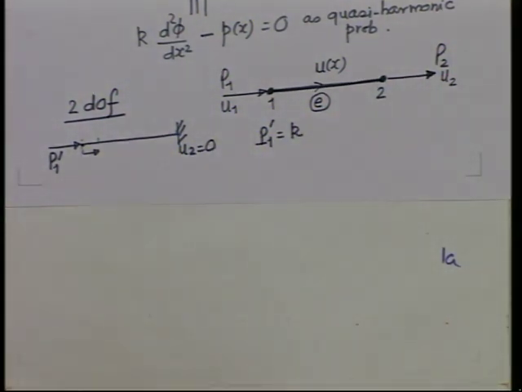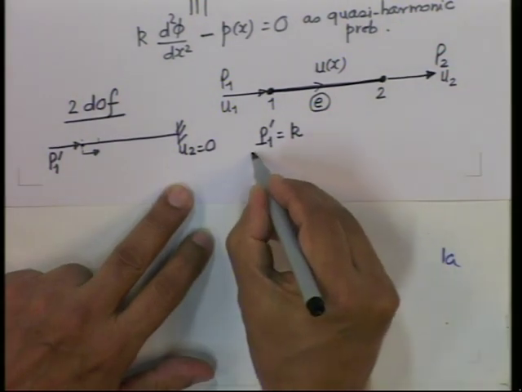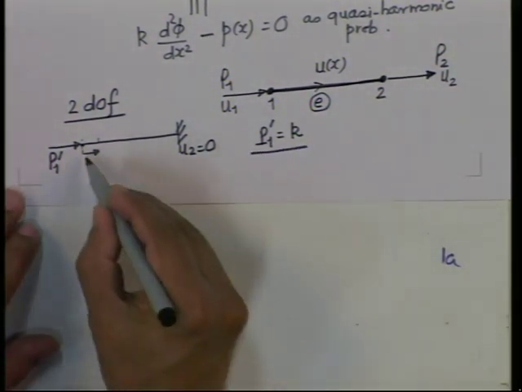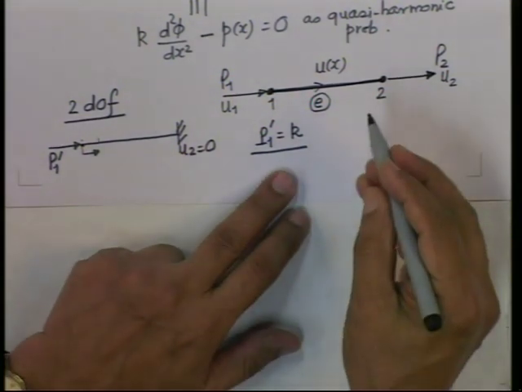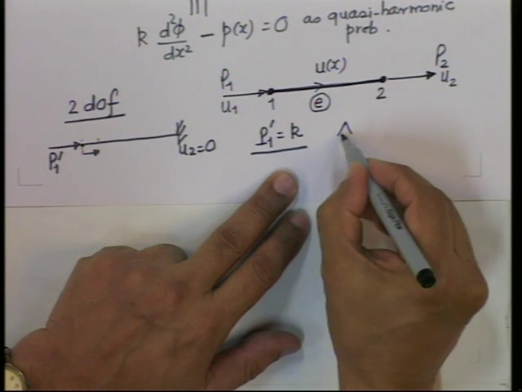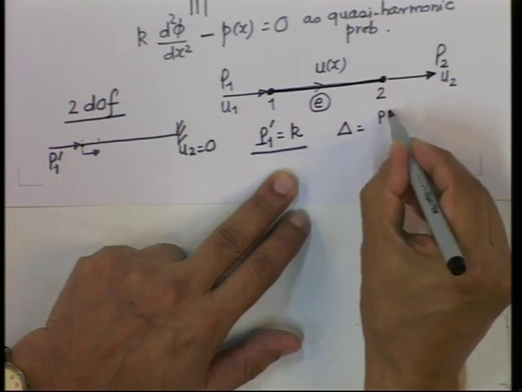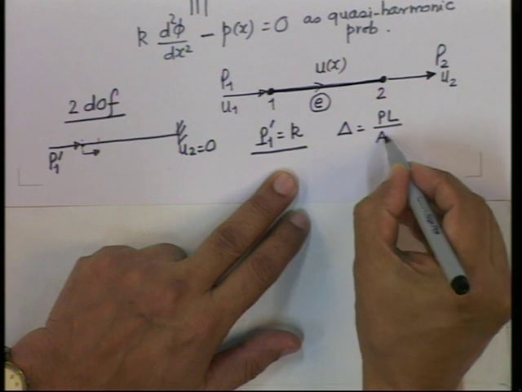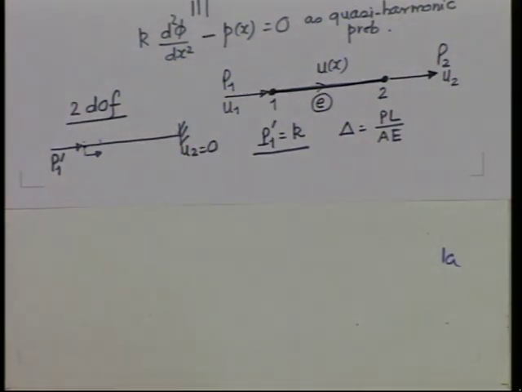That will be k, but my idea is something different. Since k is related to displacement, we have the formula for the change in length of any axially loaded rod.